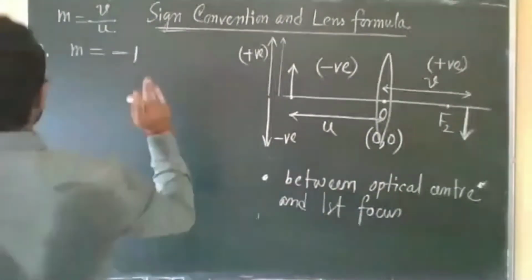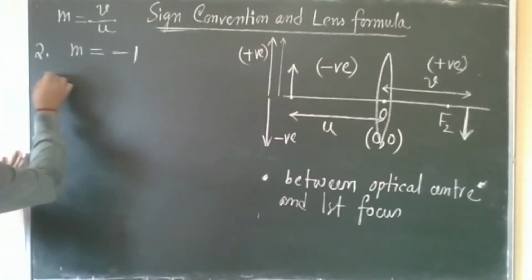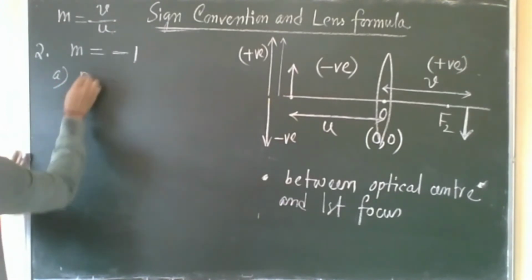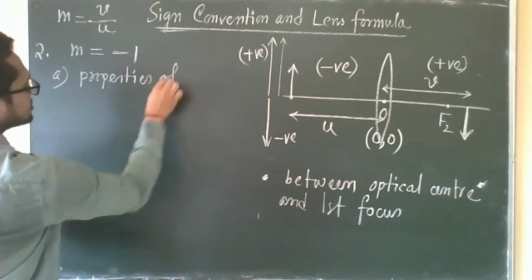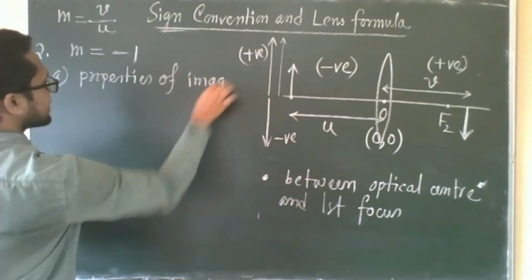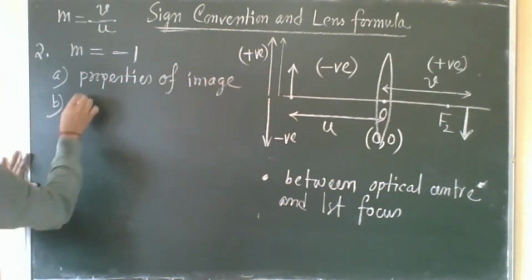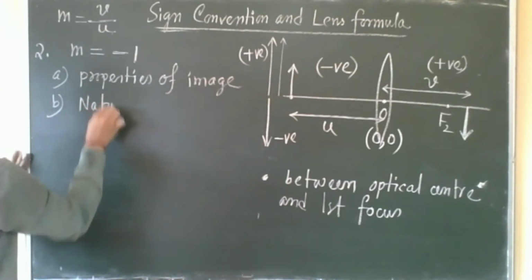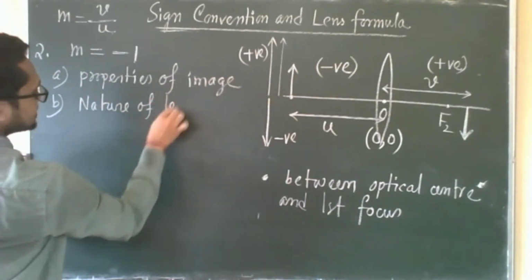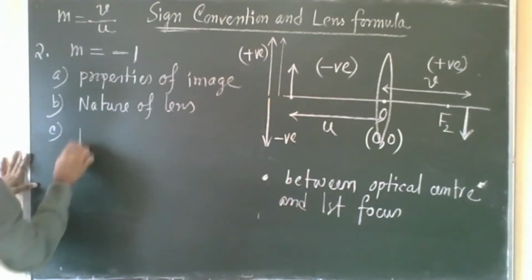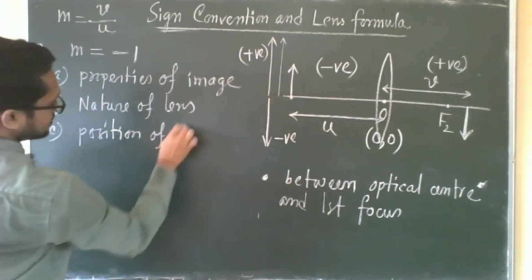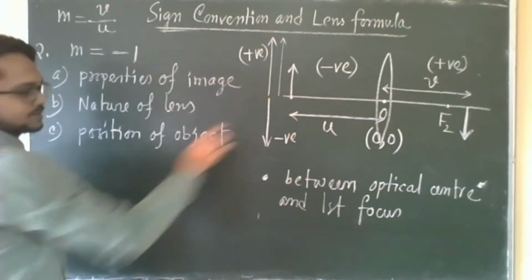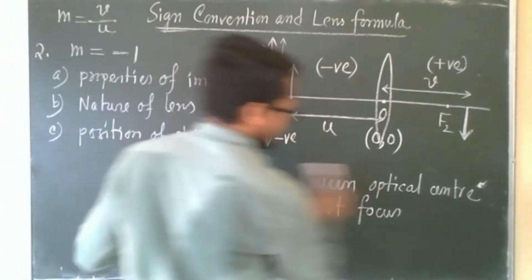Magnification can be -1. Same two questions: properties of image, and second, nature of lens. And suppose a third question, position of object.